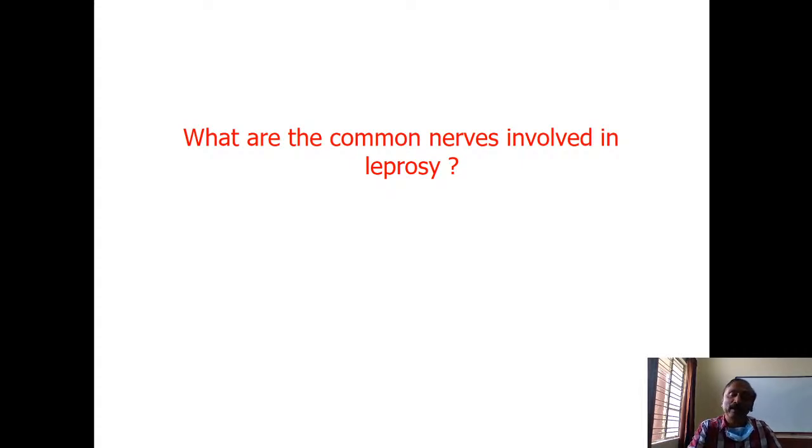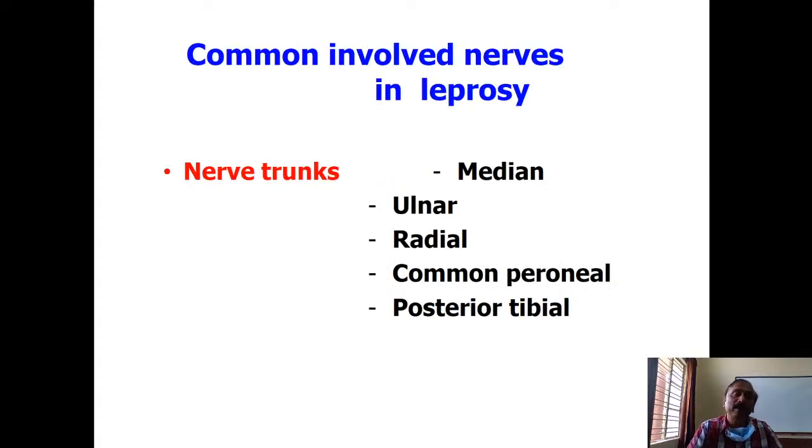Okay, let's go into what the common nerves are. The common nerves to be palpated are the median, the ulnar, the radial, the common peroneal, and the posterior tibial. These are very common nerves to be seen.